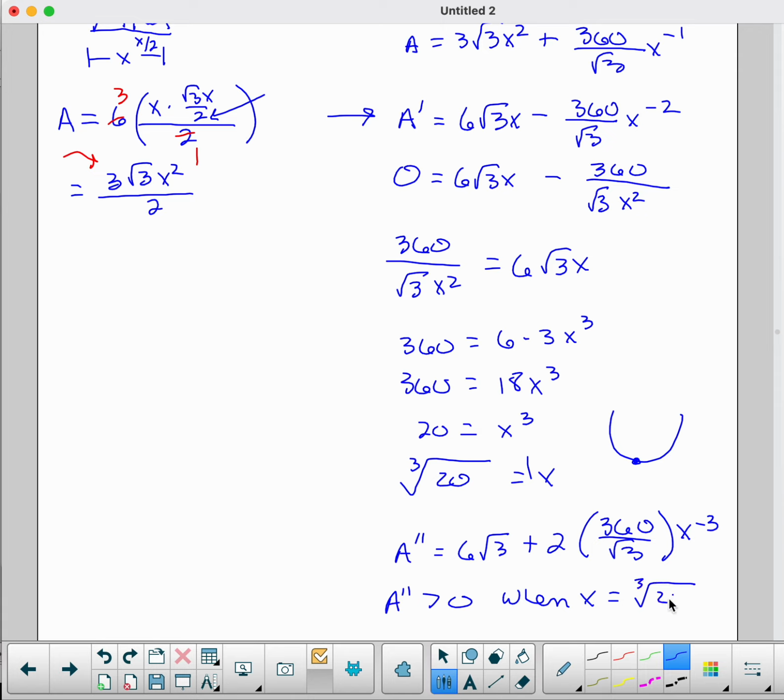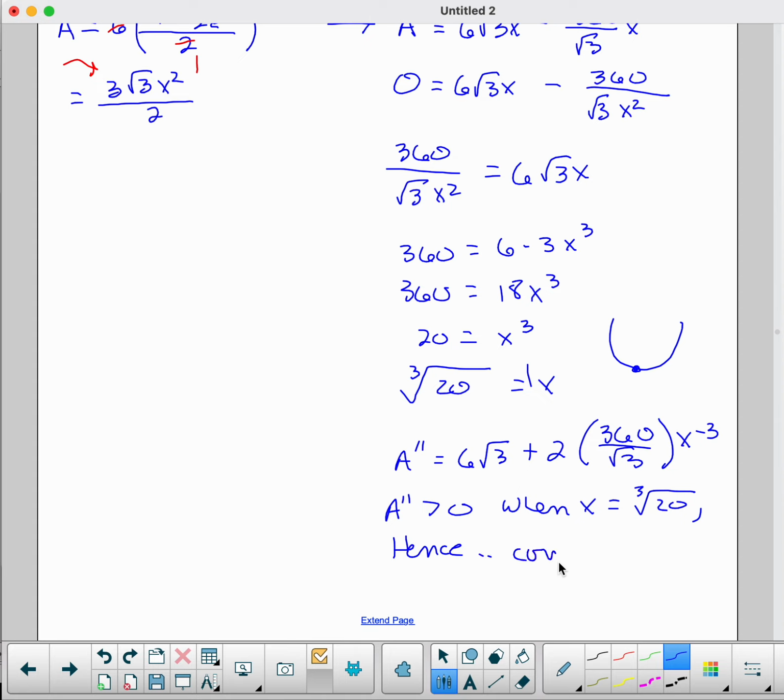So we can say A double prime is greater than 0 when x equals cube root of 20. Hence, concave up, which gives a minimum, which means x is a minimum.